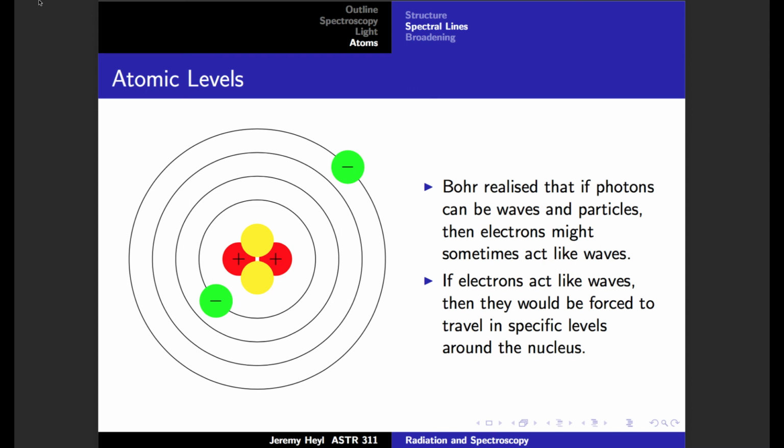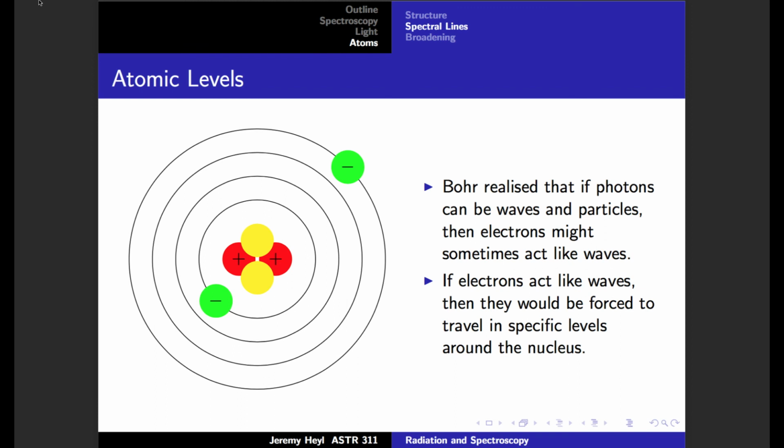So the electron could exist in different orbits, which I've drawn with these circles, and it could only be there. It couldn't be anywhere else. And there would be an innermost orbit, and beyond that it couldn't get any closer to the nucleus, okay?